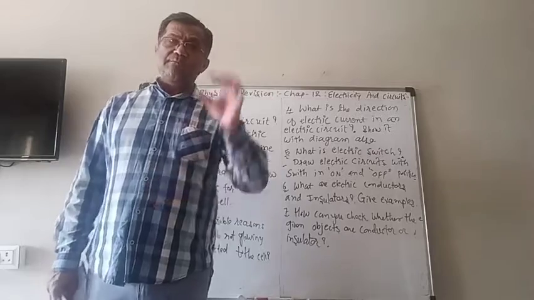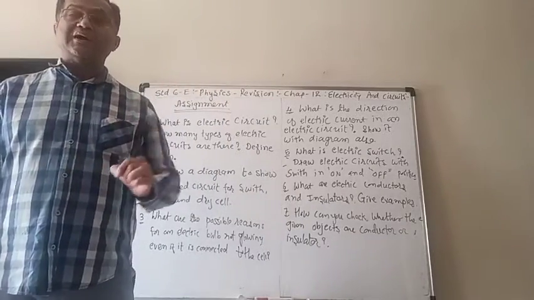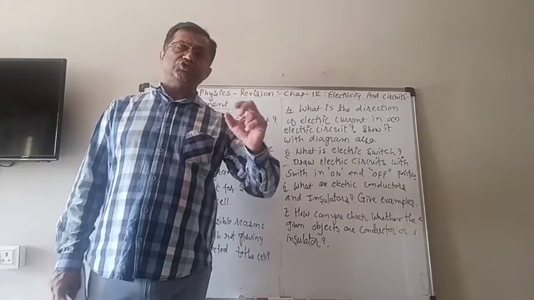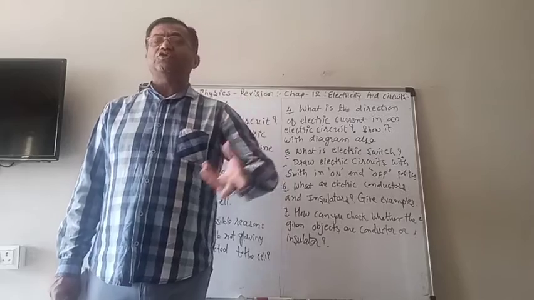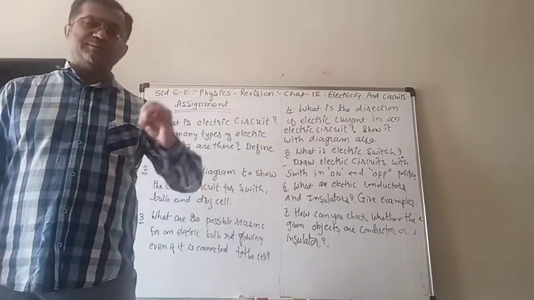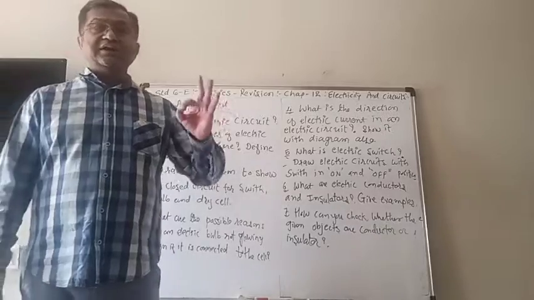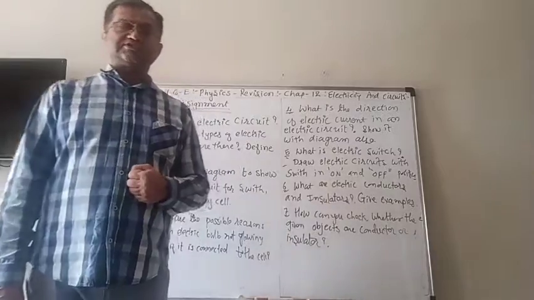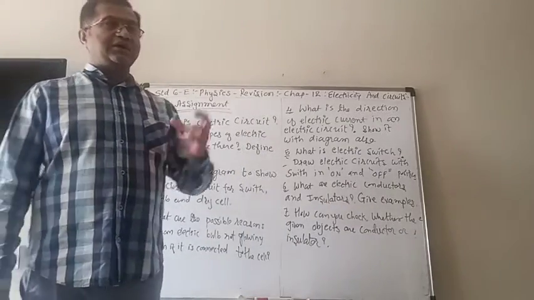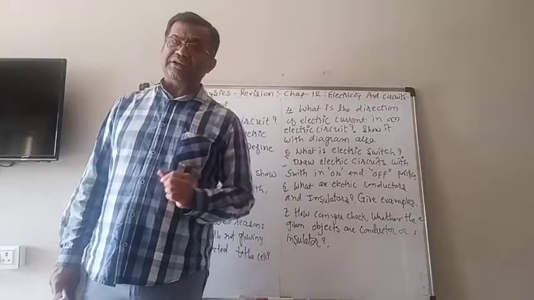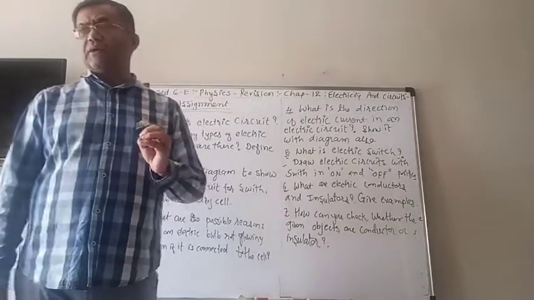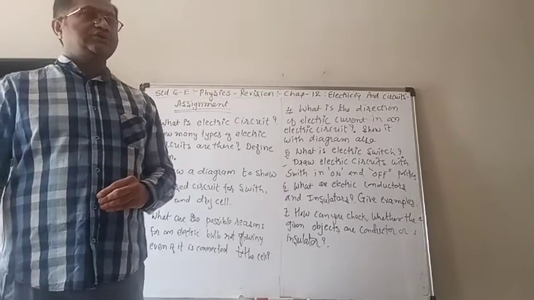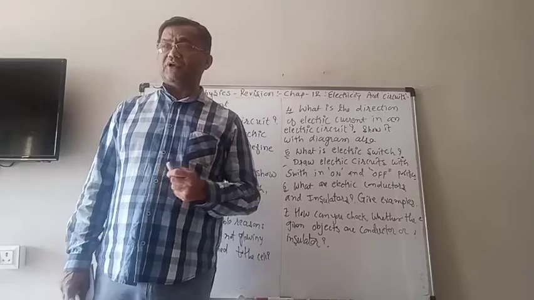Third, maybe the wire is broken in between, so the two ends of the wire are not in contact, and then also the bulb does not glow. Another one is that maybe the bulb is fused. We talked about it yesterday in the last session, that a bulb contains a filament inside, which is made from a special type of metal, tungsten, which has a high melting point.